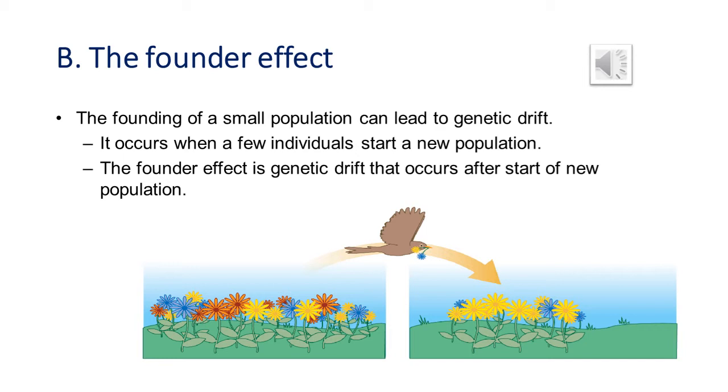They have limited traits because they are few individuals. It is called the founder effect. The founder effect is a genetic drift that occurs after the start of a new population or new colony.